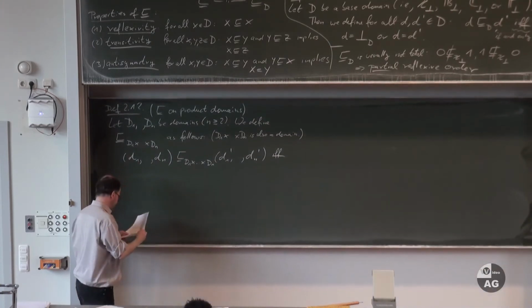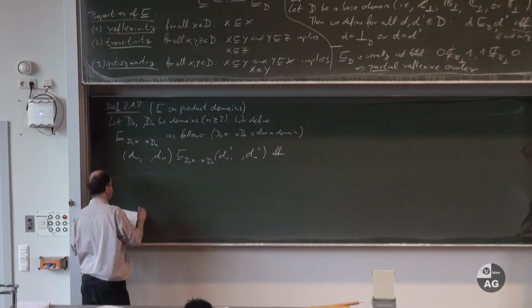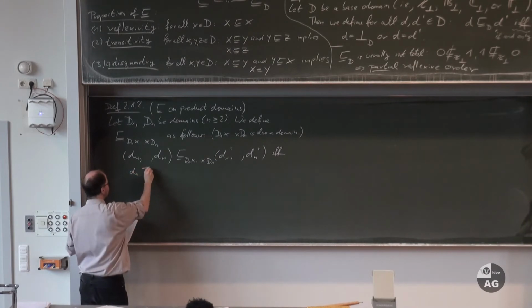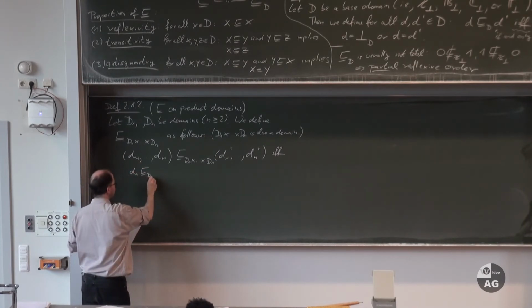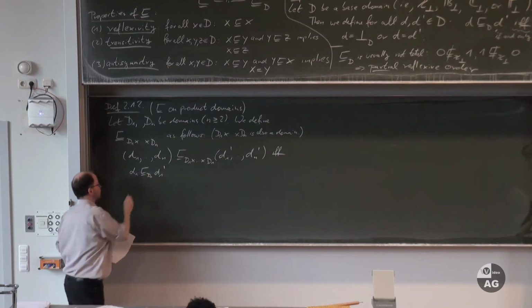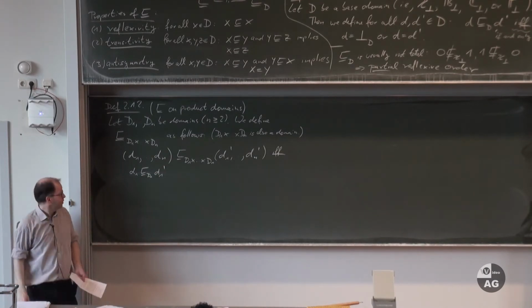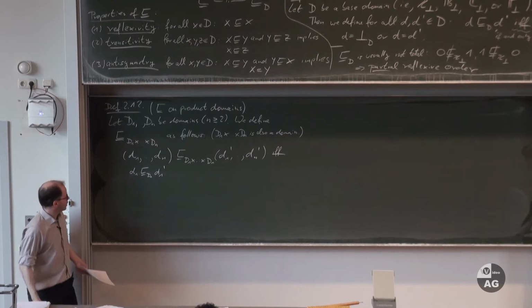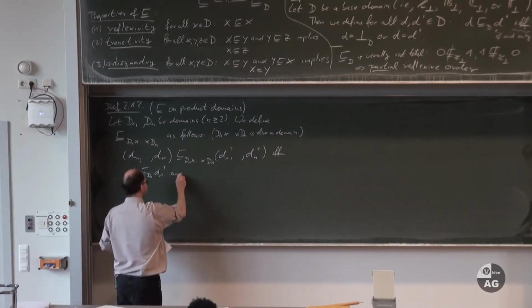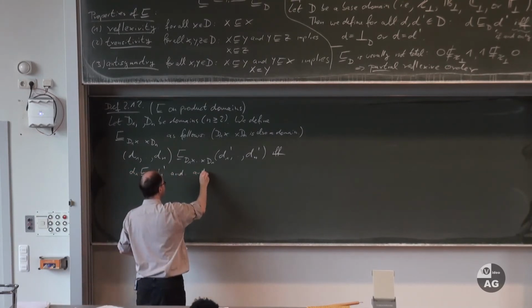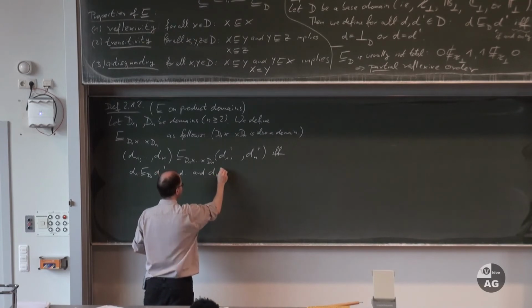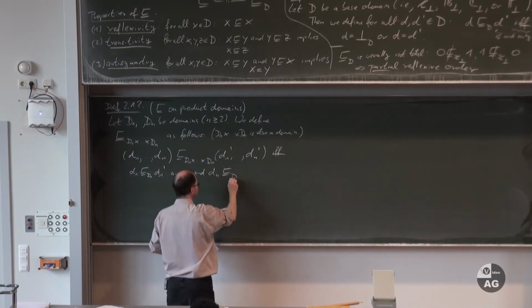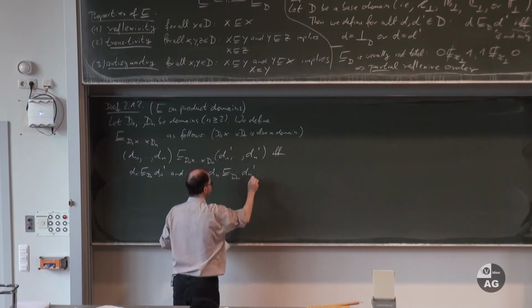So the first component D1 must be less defined or equal than D1 prime. And here we take the less defined or equal order from domain number 1. And the same has to be true for D2 and also for Dn. So Dn is less defined or equal than Dn prime.